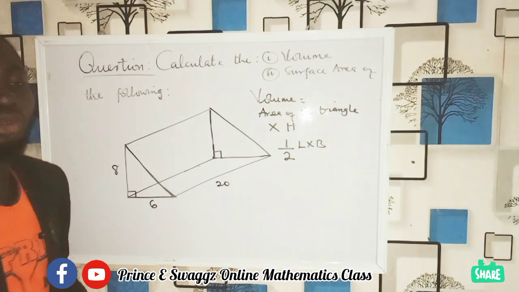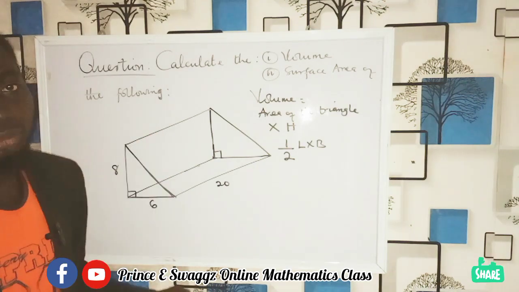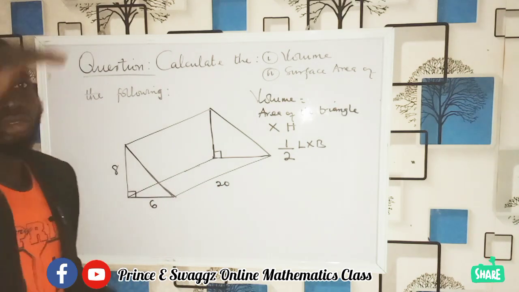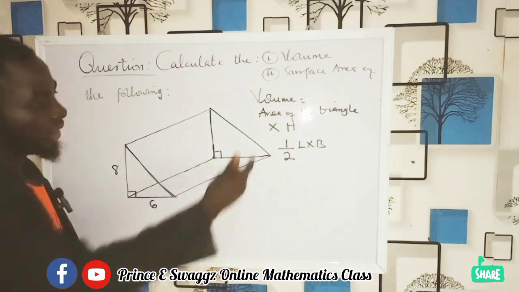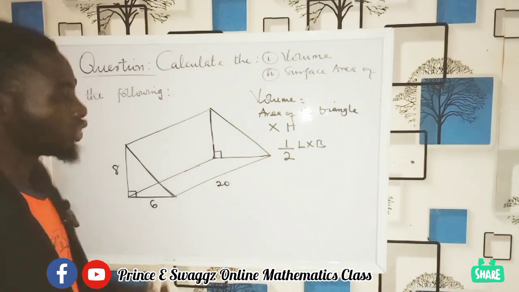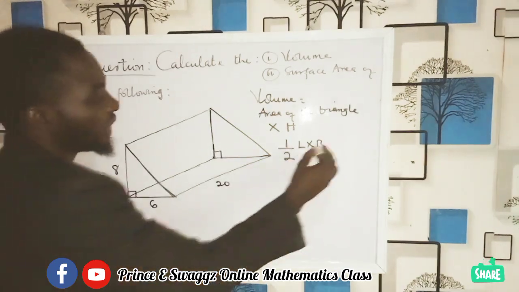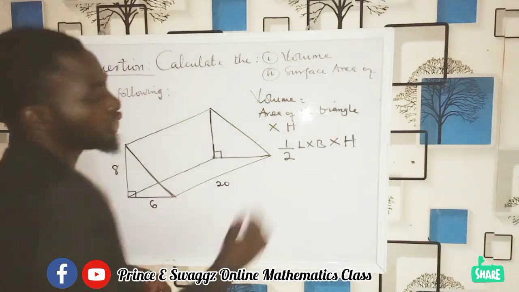Or we can as well use 1/2 base times height. But because it is a right angle triangle, it is like half of a rectangle. So if you still use base times height, you are still correct. So I'm using this, then times the vertical height of the shape.